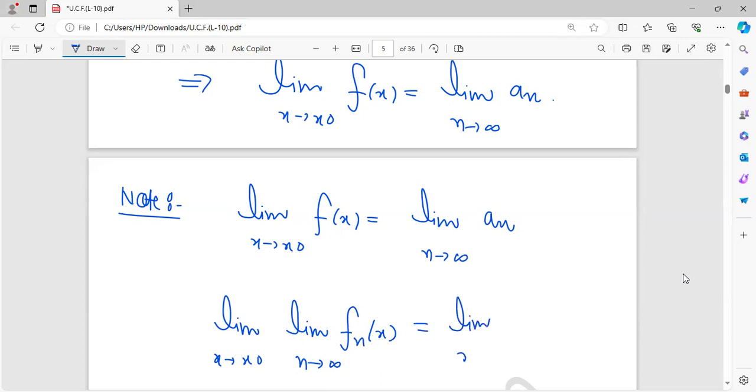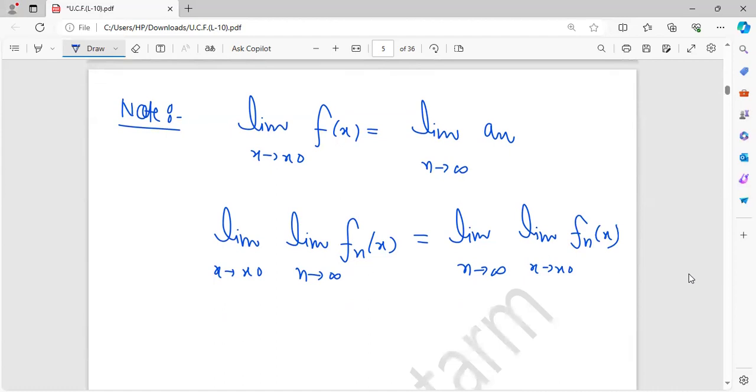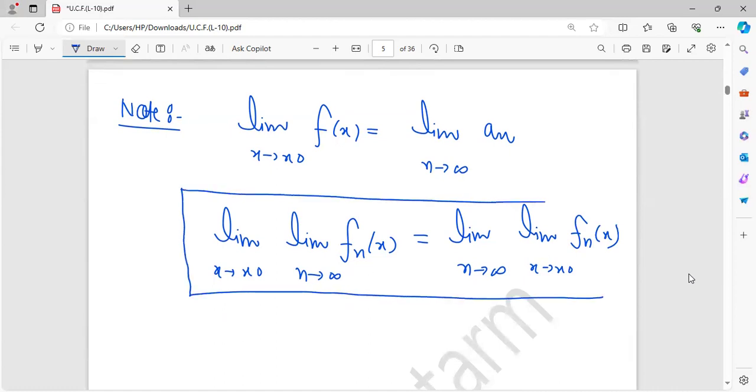And what is this? This is the limit as n tends to infinity of the limit as x tends to x naught of fn(x). It means we can interchange the limits. The answer will be the same. So this is the conclusion.